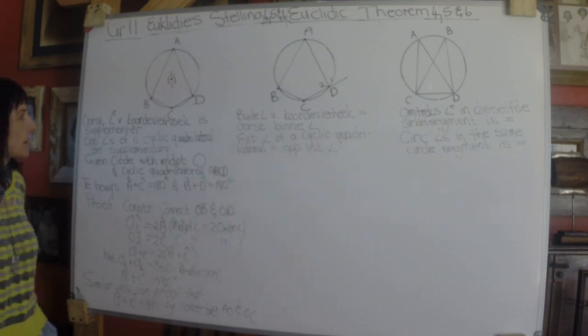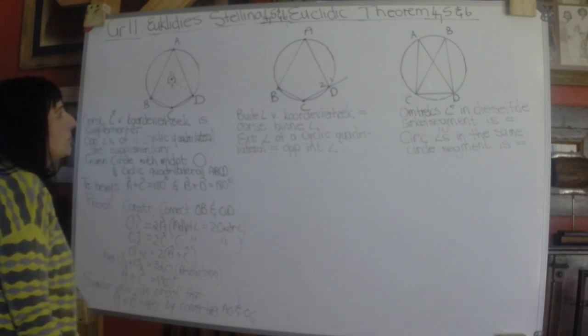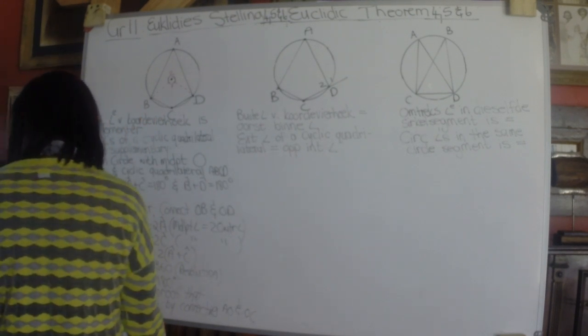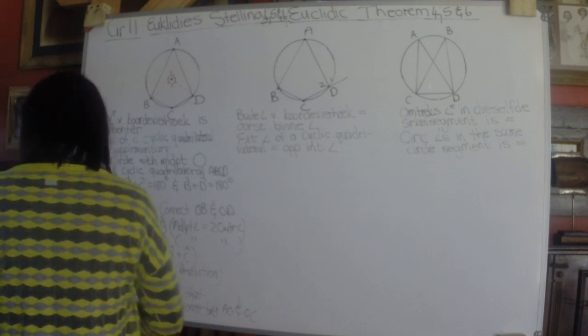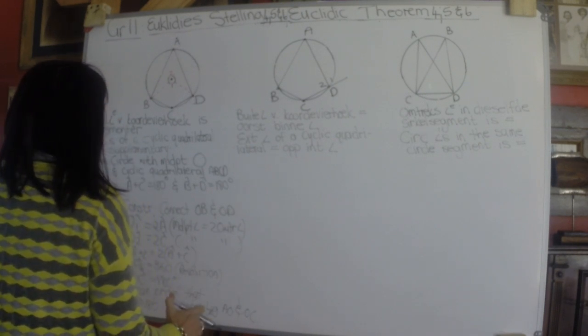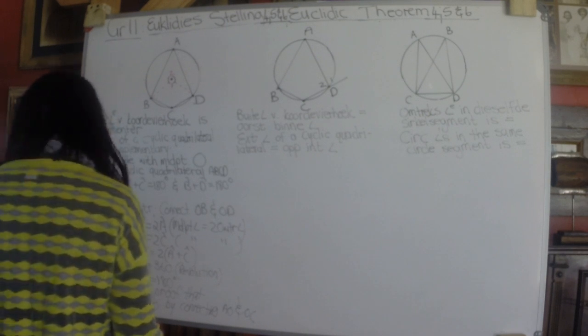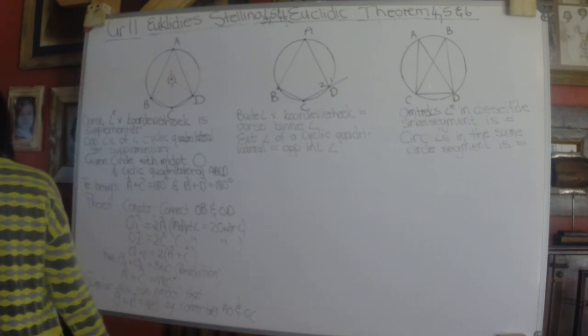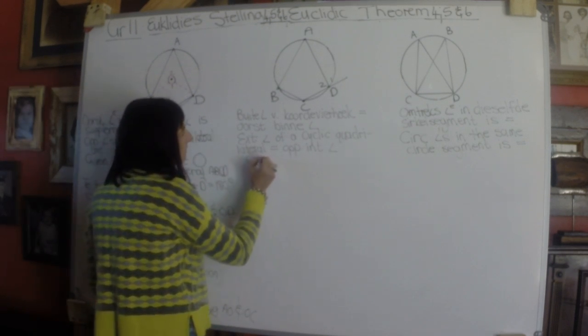Ons tweede stelling sê die buitehoek van 'n koördinatiehoek is gelyk aan die oorstaande binnehoek. The exterior angle of a cyclic quadrilateral equals the opposite interior angle. So the first thing that we're going to write down is again what's been given.